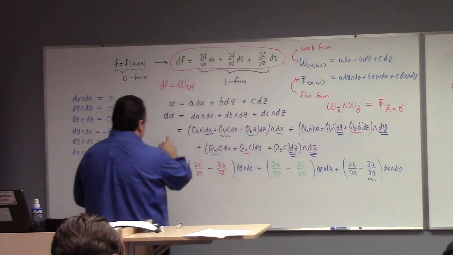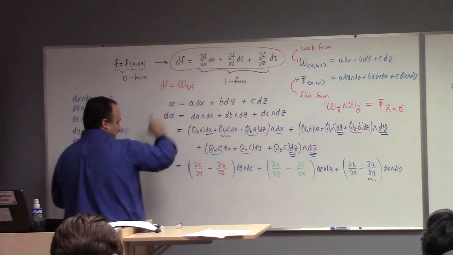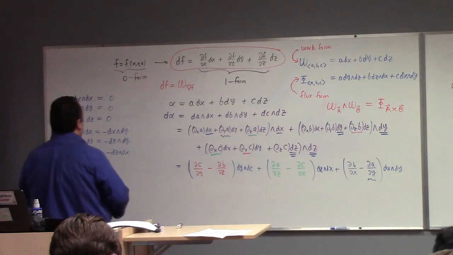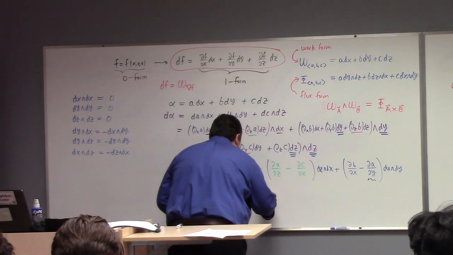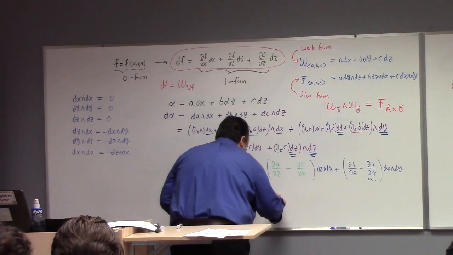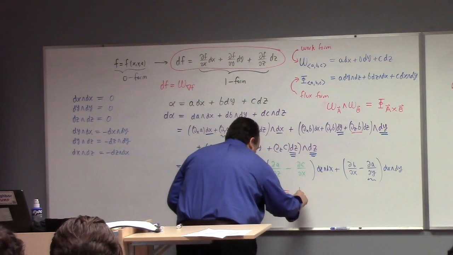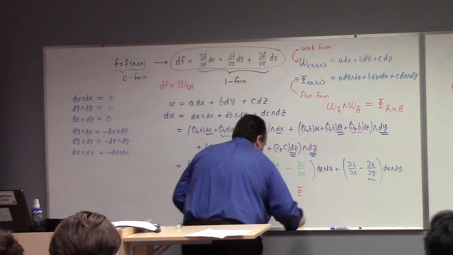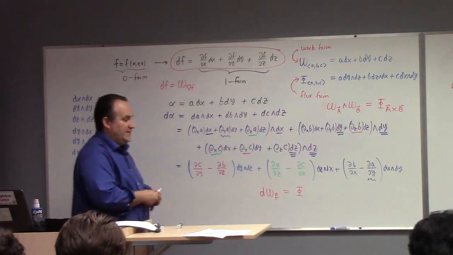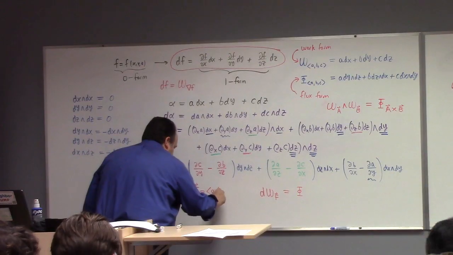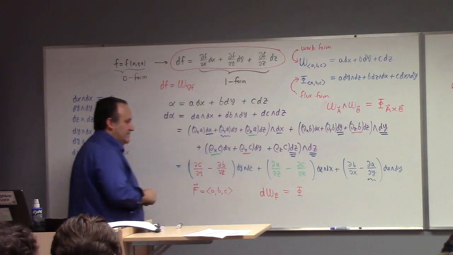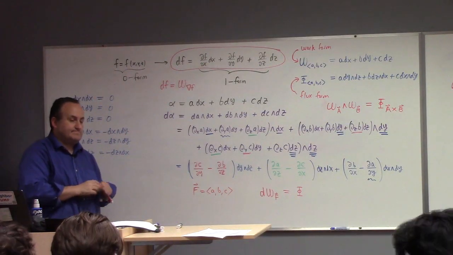The next level up here, if you take this calculation and you understand it properly, what you can see is that the exterior derivative of the work form of f is equal to the flux form of what? If my f is ABC, you guys tell me, end of Calc 3, I know it's a little fuzzy, but do you remember what we did at the end of Calc 3?